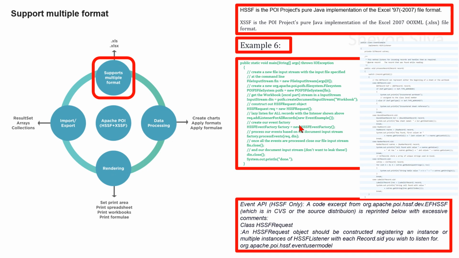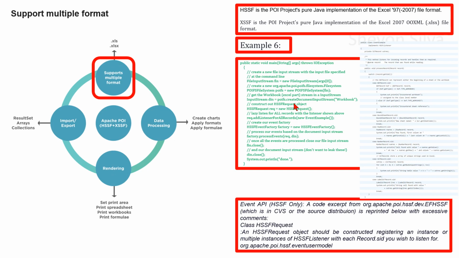In order to learn about these records, you can either read all of the Javadoc in the org.apache.poi.hssf.record package, or you can just hack up a copy of org.apache.poi.hssf.dev.EFHSSF and adapt it to your needs.